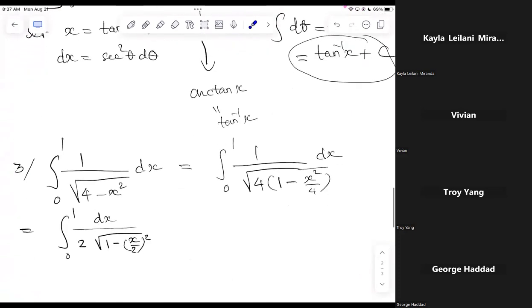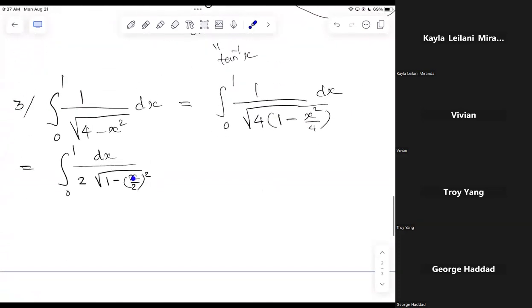So my sine theta is going to be equal to x over 2.